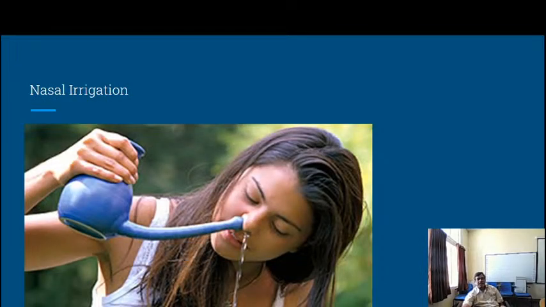Now, nasal irrigation is the most important mainstay of this medical management, wherein normal saline is allowed to go into one nostril and come out through the other nostril.